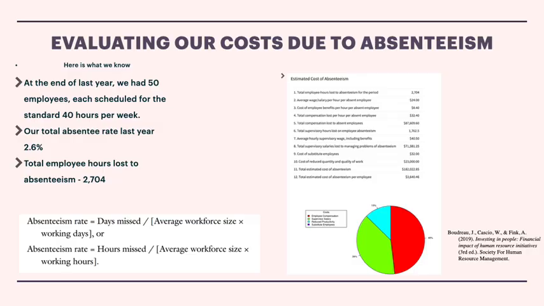Now the more staggering figure is line item 11, and that is where I got our total estimated cost of absenteeism across the board. In a company of 50 people in a calendar year, $182,000 odd lost to absenteeism.